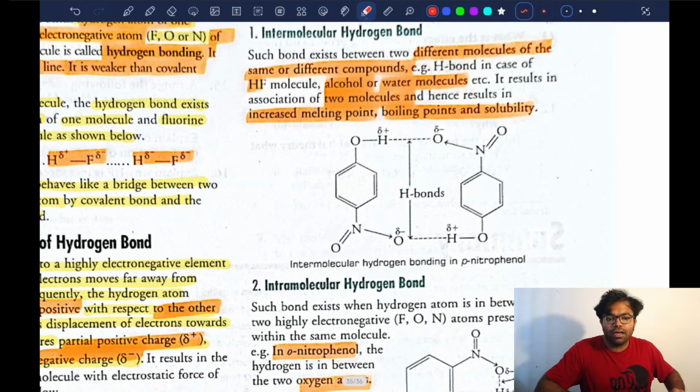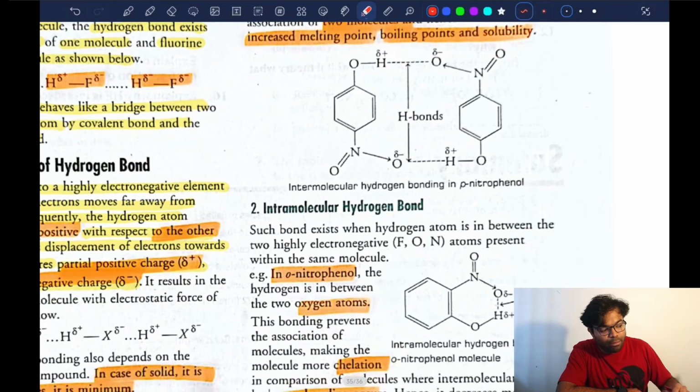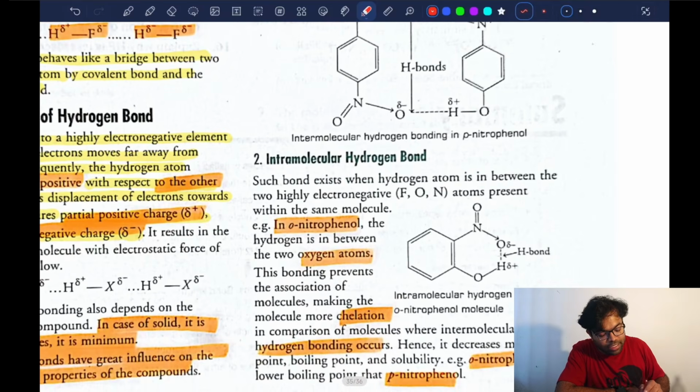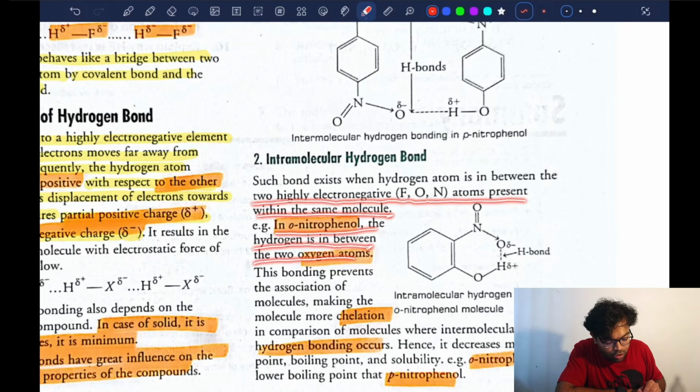So next, what we have is intramolecular hydrogen bonding. The hydrogen bonding that is present inside the molecule is called an intramolecular hydrogen bond. Such bonds exist when a hydrogen atom is present in between two highly electronegative atoms present within the same molecule. In o-nitrophenol, the hydrogen is in between the two oxygen atoms.